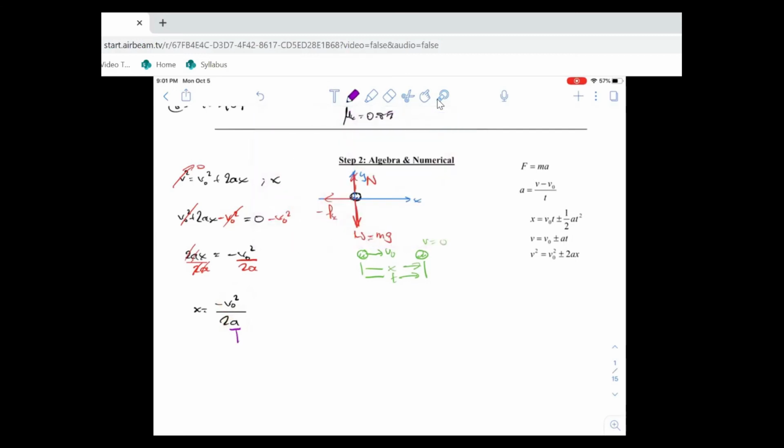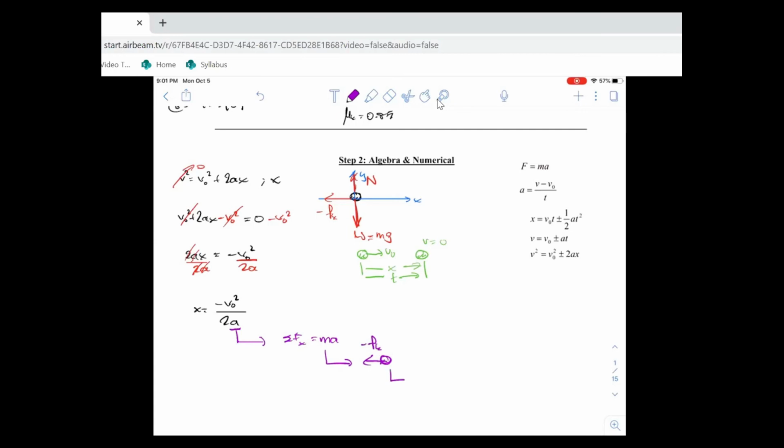All right, so what do I know? I know that the acceleration is going to be caused by a force, net force is going to be responsible for the acceleration. And I also know that the net force, if you visualize it, is the kinetic frictional force acting on it.